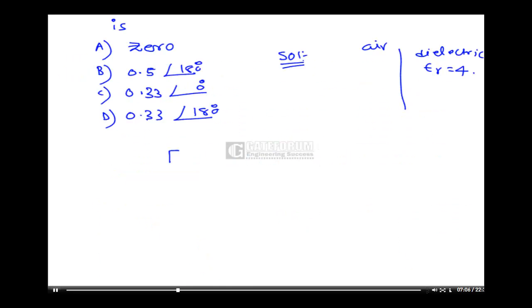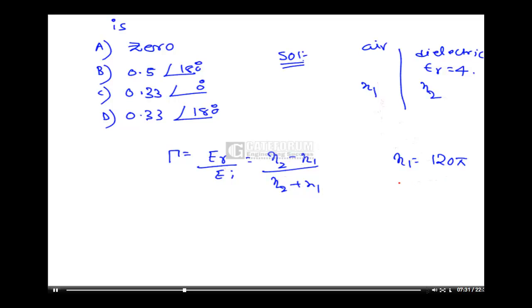We know that the reflection coefficient tau is equal to ER by EI, which is eta 2 minus eta 1 by eta 2 plus eta 1, where eta 1 is the intrinsic impedance of medium 1 and eta 2 is that of medium 2. Since medium 1 is air, eta 1 is equal to the free space impedance 120 pi. Eta 2 is 120 pi divided by square root of epsilon r, that is square root of 4, which is 2, so that is 60 pi.